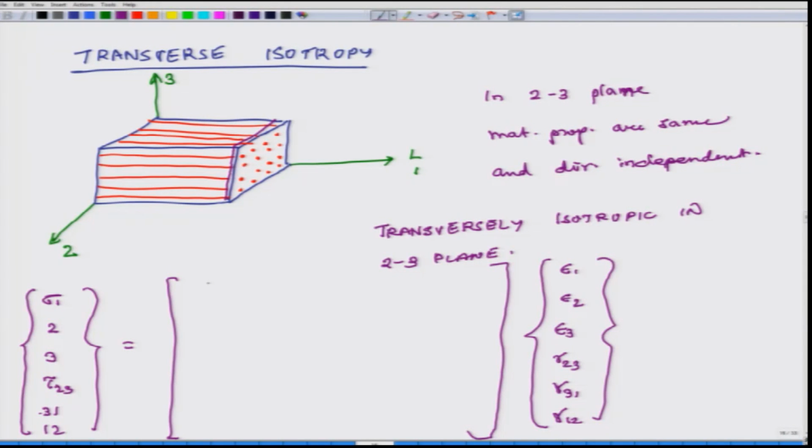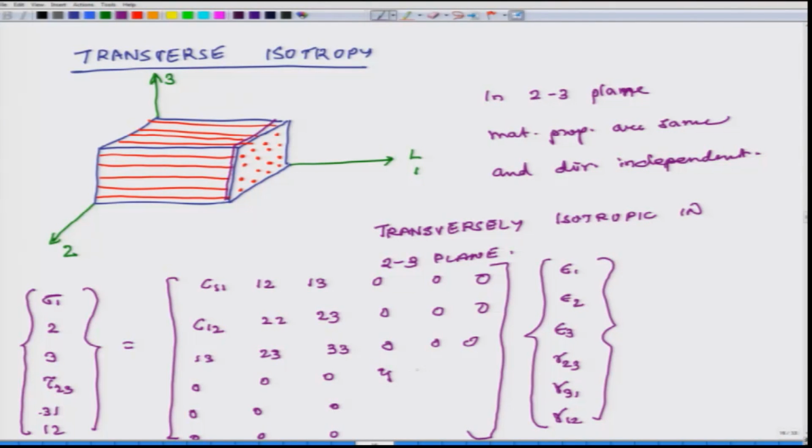So, what are the elastic constants? It is C11, C12, C13, 0 0 0, C12, C22, C23, 0 0 0, C13, C23, C33, zeros, and then I have 3 zeros here in all the remaining rows, and then I have C44, 0 0, 0, C55, 0 0 0, C66.